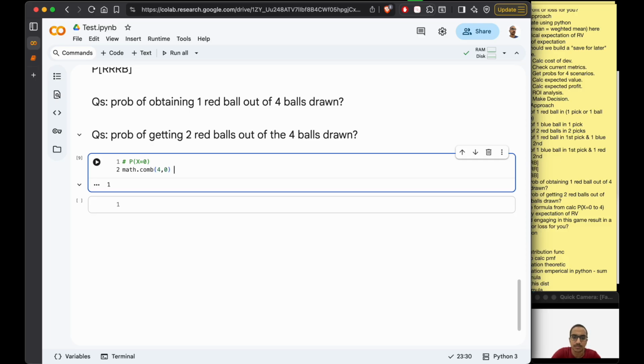It is 1 times 3 by 5 power 0, and anything power 0 is going to be the same, 1, times (1 minus 3 by 5) power 4 minus 0, which is 4 anyway.